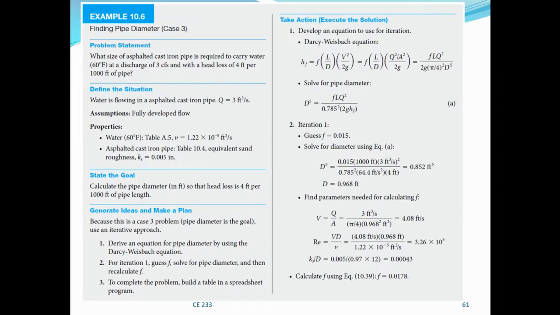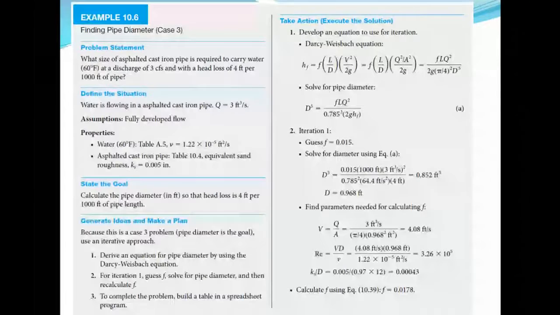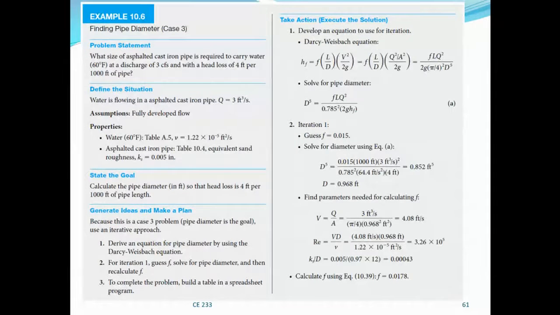Now this is another example, the third one, in which we are to find the pipe diameter. What size of asphalted cast iron pipe is required to carry water at 60 degrees Fahrenheit at a discharge of 3 cubic feet per second with a head loss of 4 feet per 1,000 feet of pipe? So here we are looking for what size of pipe.